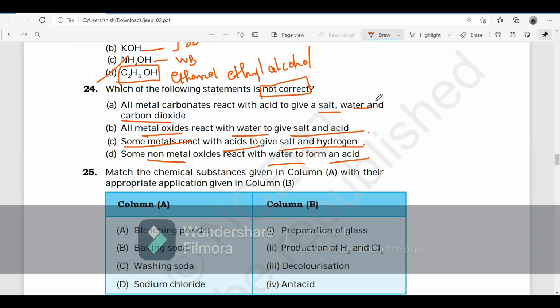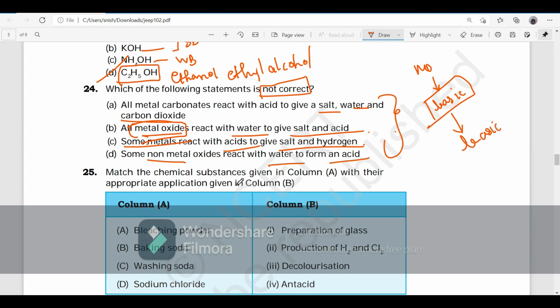So seeing all of them, if you know the concept properly, it will immediately strike that metal oxides, in the second option, are basic. So when you react them with water, it should yield something basic, right?